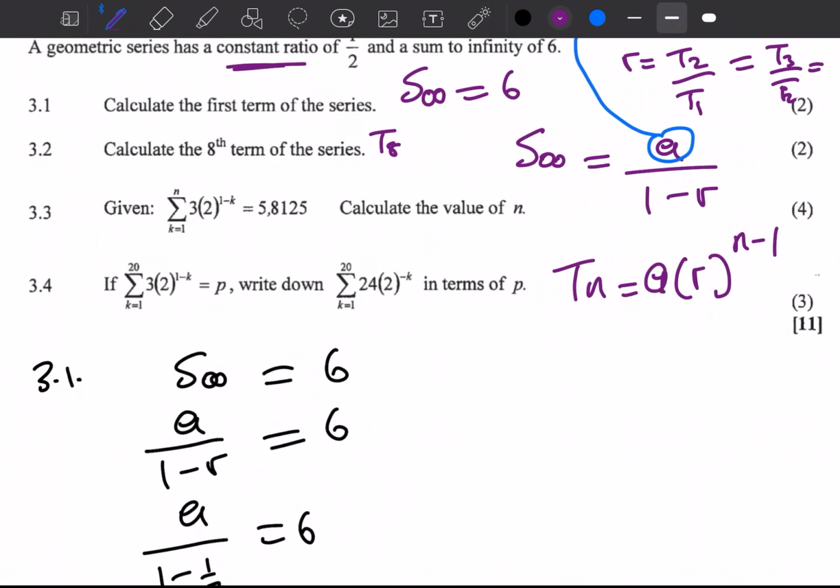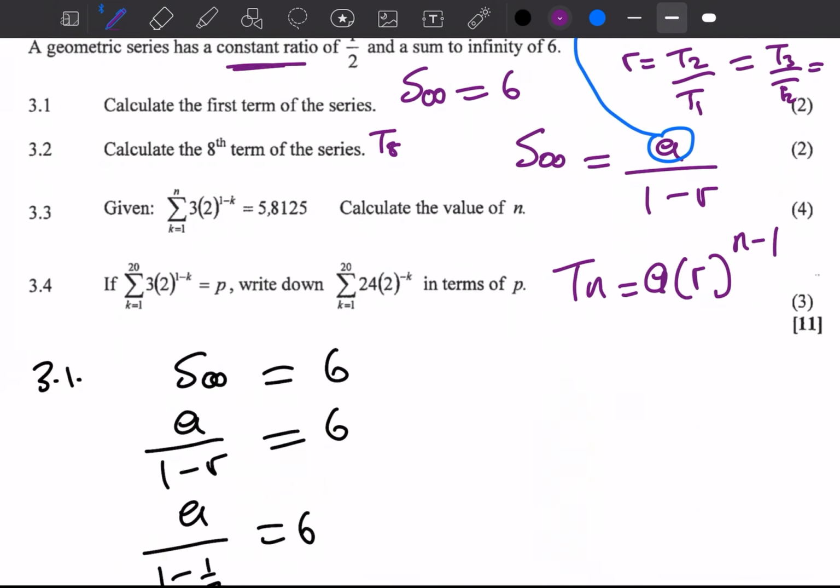So you have to remember them, but if you can't remember them, don't worry, you're going to find them on your formula page, the last page of your exam question paper. Okay, cool. So this is the general term of a geometric series. Tn is equal to a times r power n minus 1. What are they looking for again? They're looking for T8.